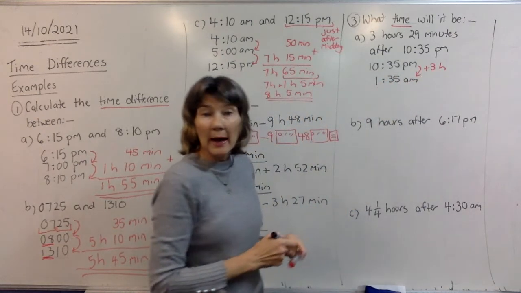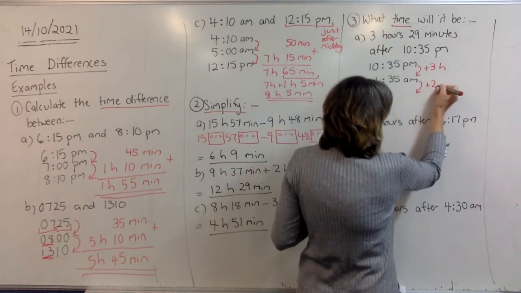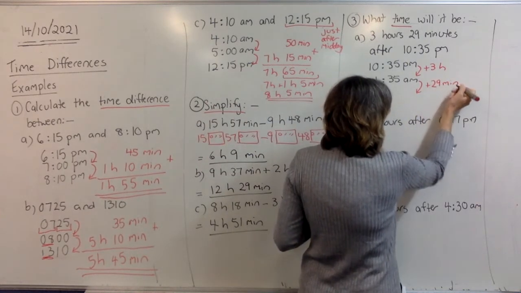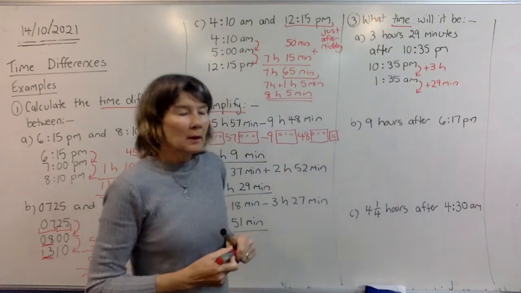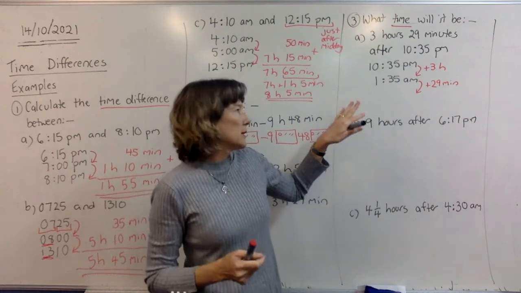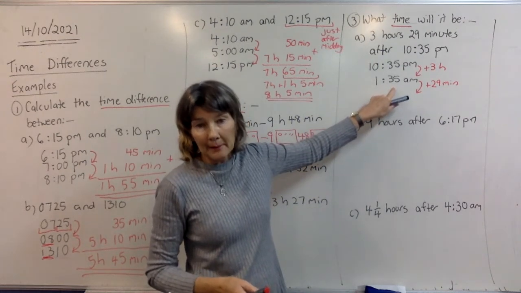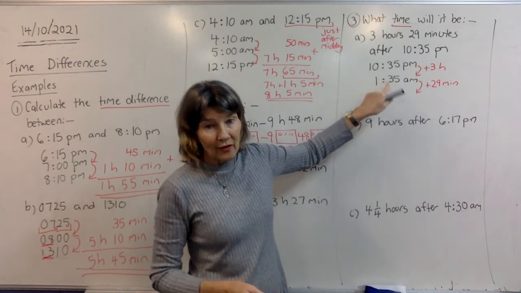All right, now we're going to add on our 29 minutes. Now, if we add on our 29 minutes, it looks like we're going to have to do this in parts, okay? Because how many more minutes is it to get to 2 a.m.? That's 25, right?